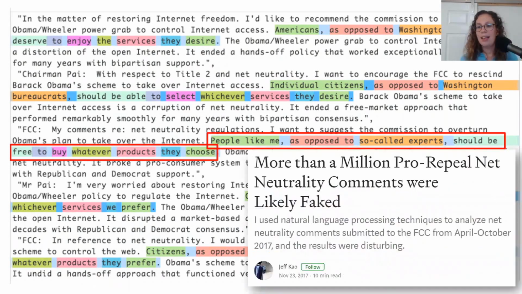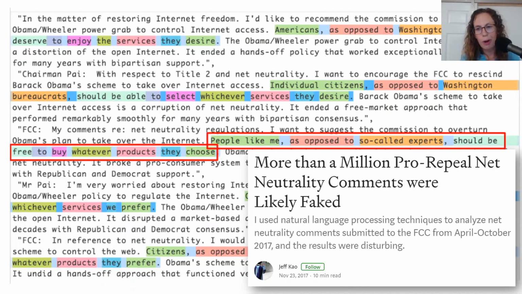This analysis was done by Jeff Kao, who's now a computational journalist at ProPublica, doing great work. He discovered this campaign in which these comments were designed to look unique, but had been created through some mail-merge style process, putting together a Mad Libs. Yes?